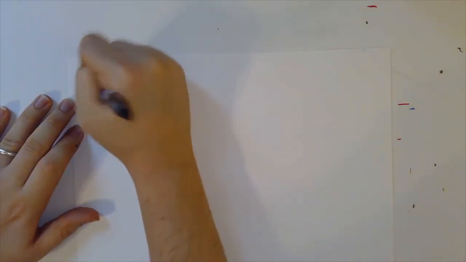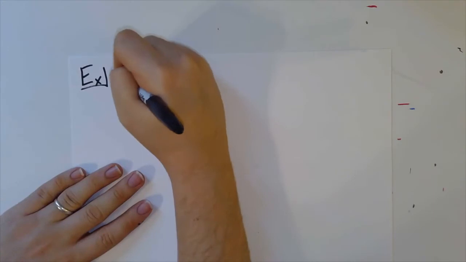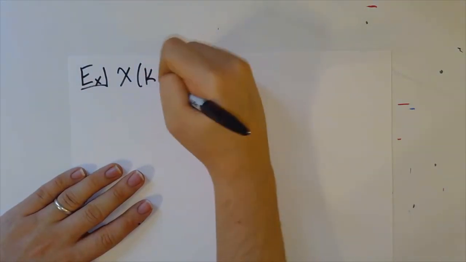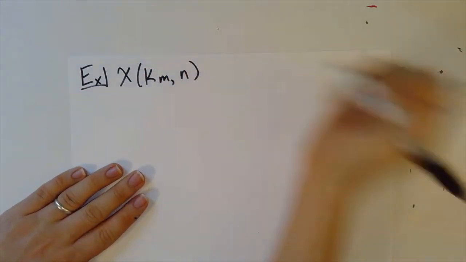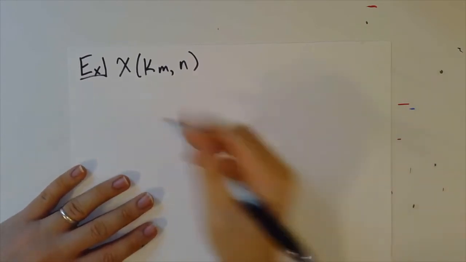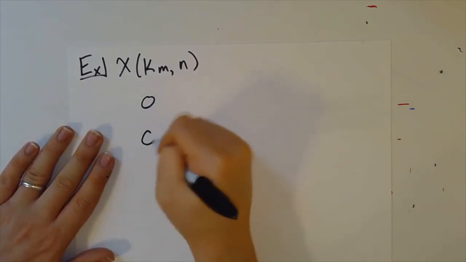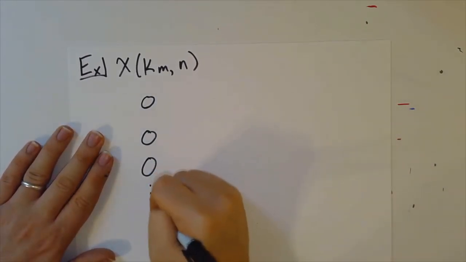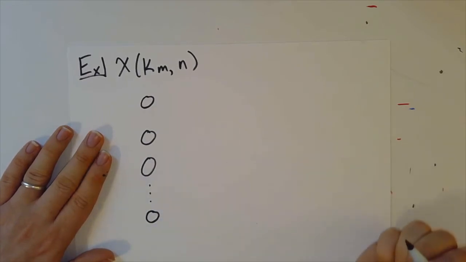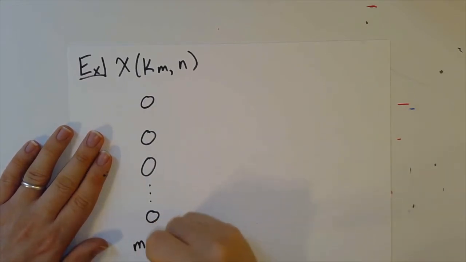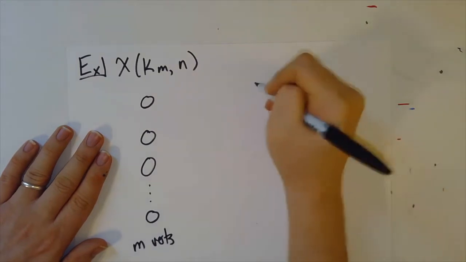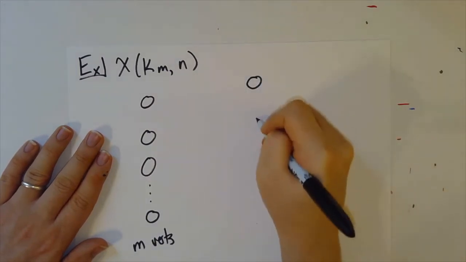Okay, what about the complete bipartite graph? So remember what the complete bipartite graph is. It's this graph where we have some number of vertices over here, and then some number of vertices over here.